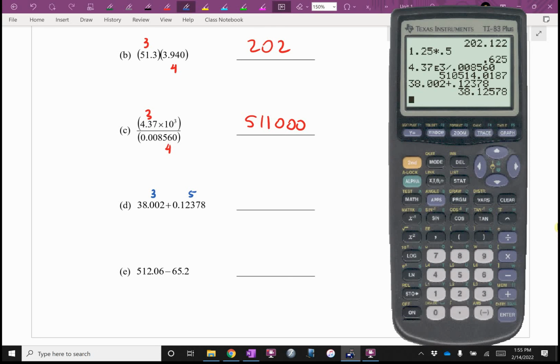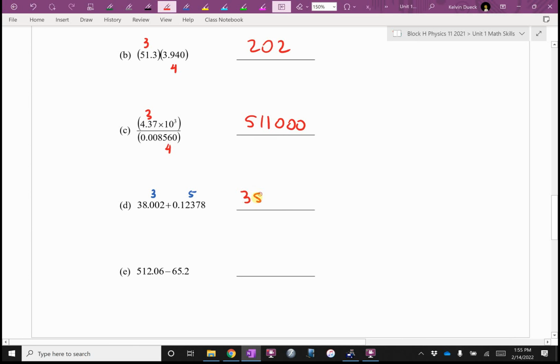The third decimal place is this 5. It's going to become a 6, 38.126. Okay. I don't know why you would do that. That'd be silly. 2 decimal places, 1 decimal place.